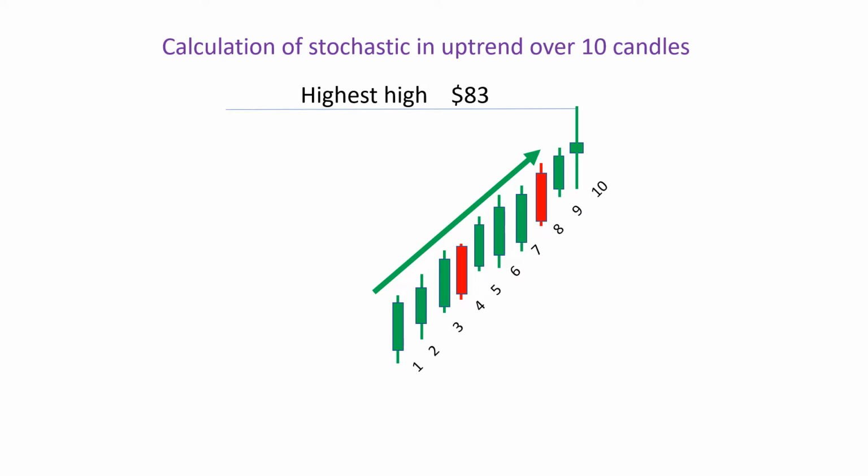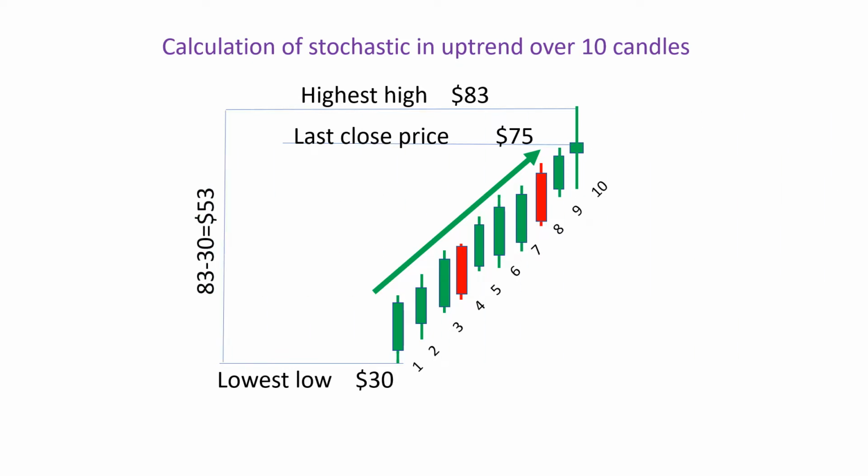Now let's assume the highest high value of these 10 candles is $83, the lowest low value of these 10 candles is $30, and the last close price of these 10 candles is $75. Now the highest high minus the lowest low is $53, and the last close price minus the lowest low is $45.